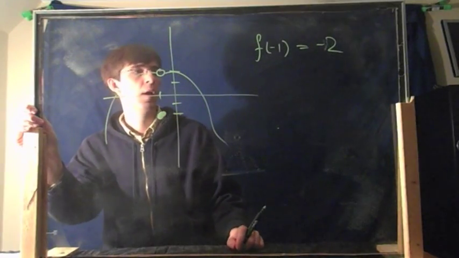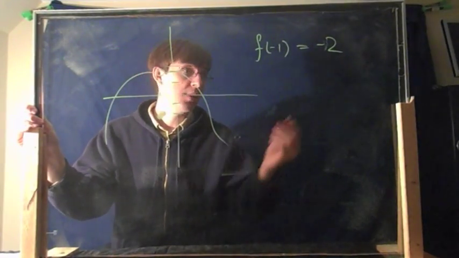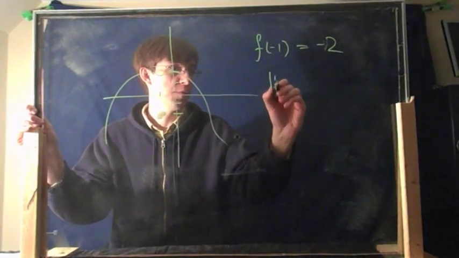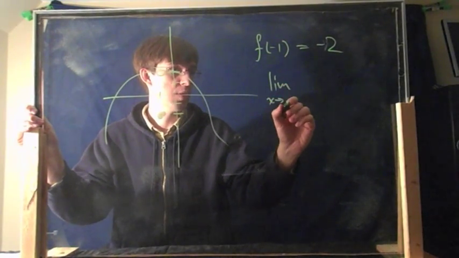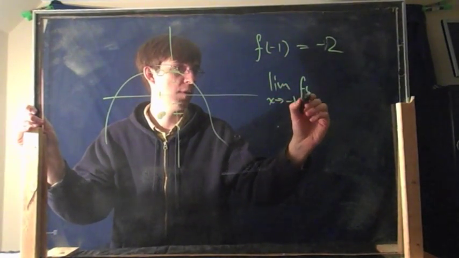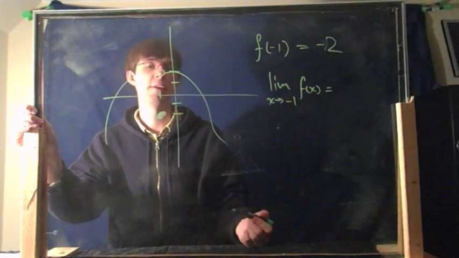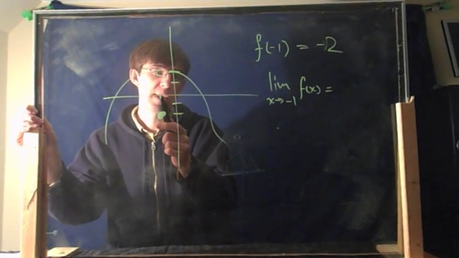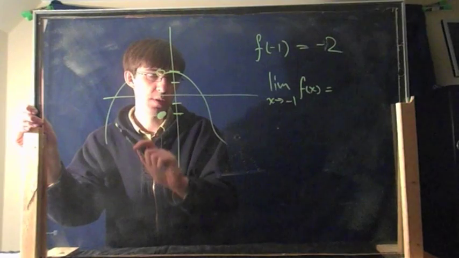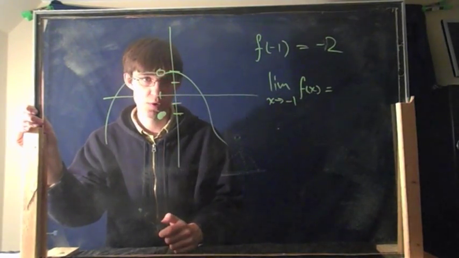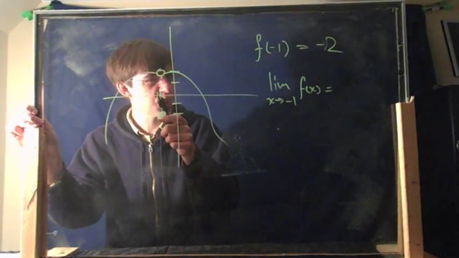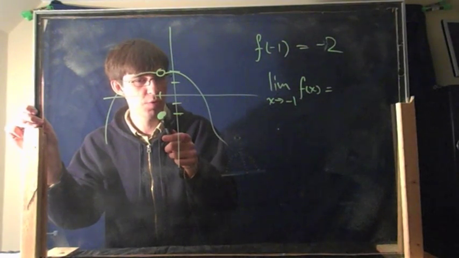What about the limit though? Here you'll see the limit is actually not equal to negative 2. The limit as x approaches negative 1 of f of x. What that means is when the x is nearby this point, what is the y close to? Well, when the x is actually straight up at this point, you use the filled in dot.